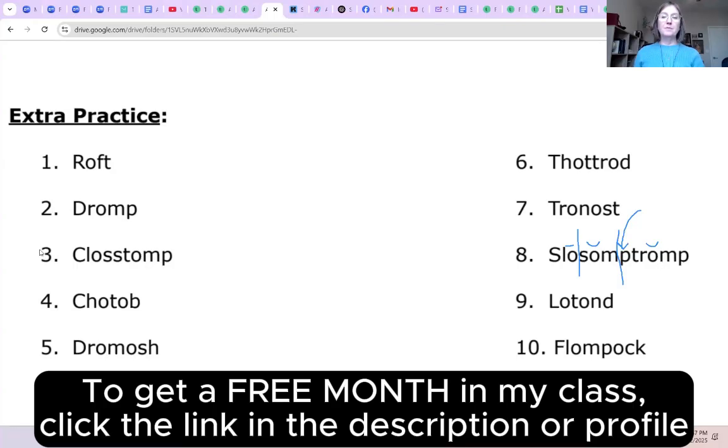Nope. I'm going to have to divide it right here. All right, so this O is going to say O because of the tap two rule. This O says ah because there are two consonants after it. Same with this O. So our sounds are S, L, O, slow.